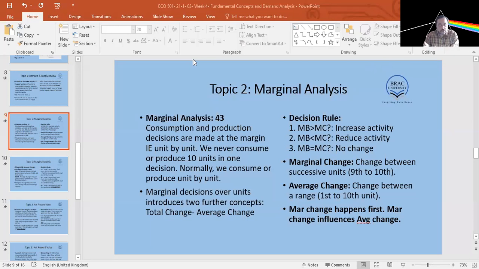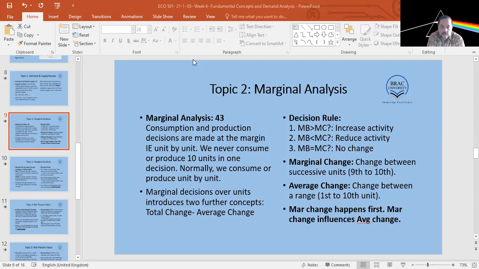We consume one unit, we consume another unit, we consume another unit. So whether our activity is related to production or consumption, we are just gradually, margin by margin, unit by unit, taking our activities.